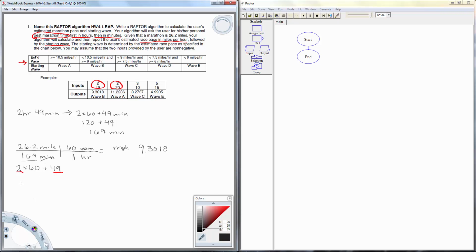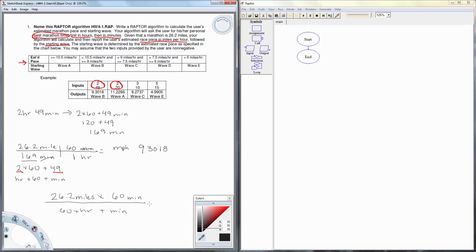If we change these so that they'd be variables, for instance, hours times 60 plus minutes, we would find that in general we could take 26.2 miles and multiply that times 60 minutes and divide that by 60 times hours plus minutes.